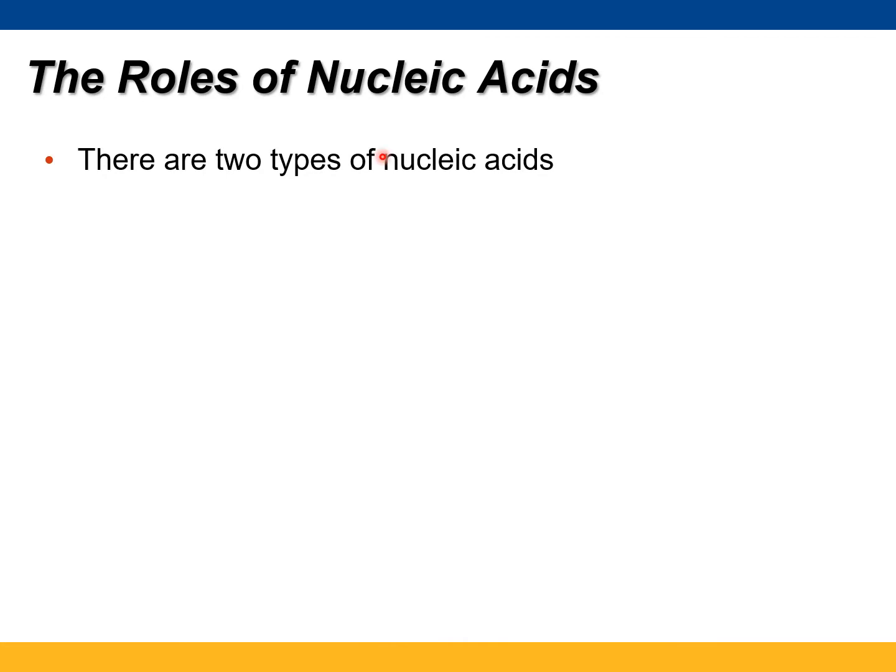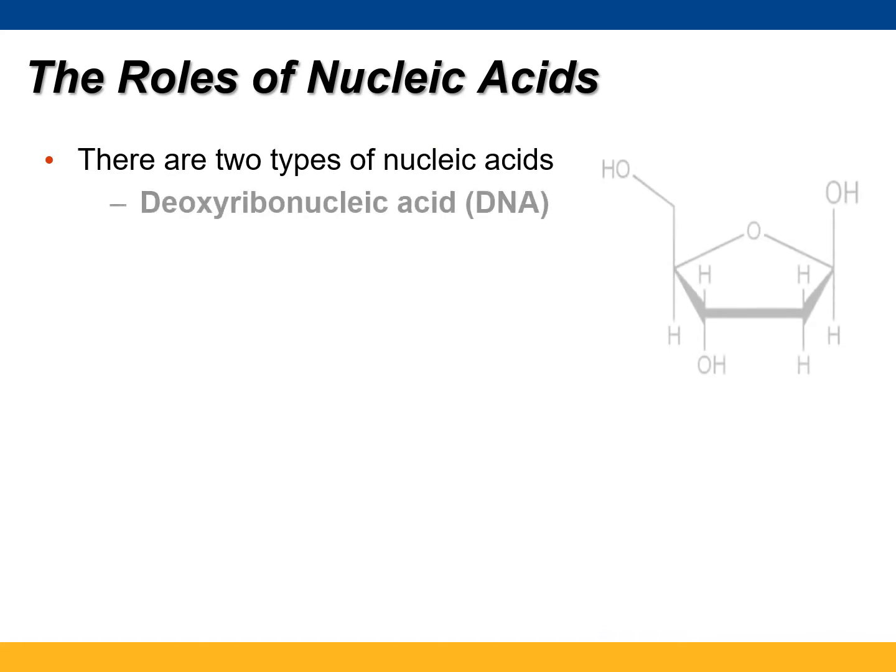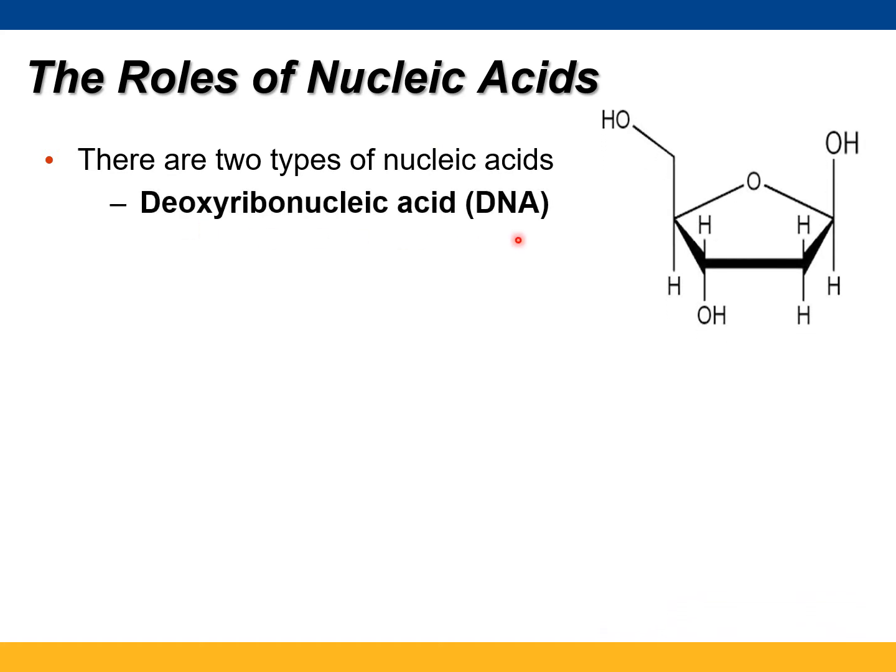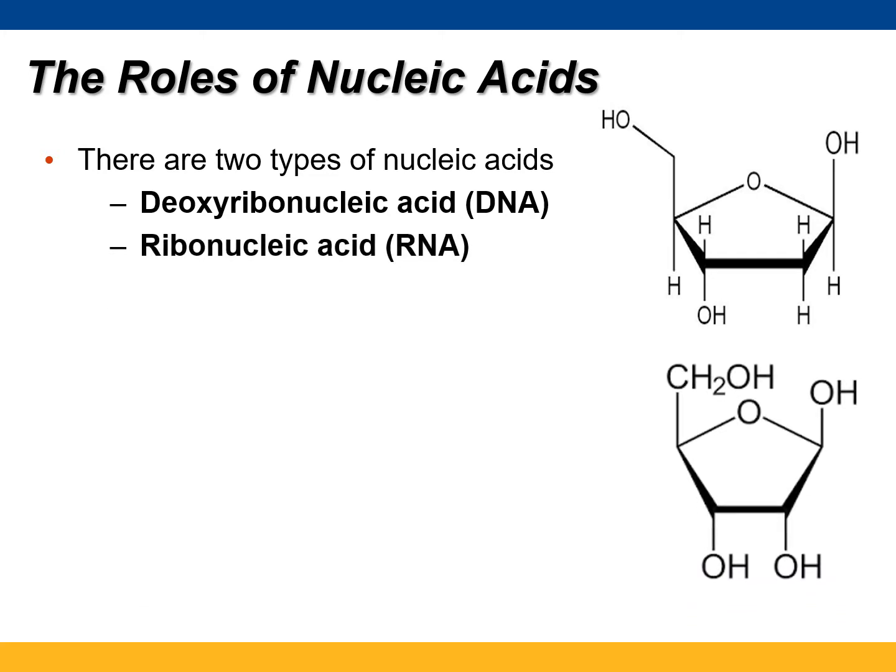Outside of some rather exotic molecules, the 2 major types of nucleic acids that we see in biologic systems are deoxyribonucleic acid, otherwise known as DNA, which has an H here, and its counterpart, the ribonucleic acids, which have OHs at both of these carbons.